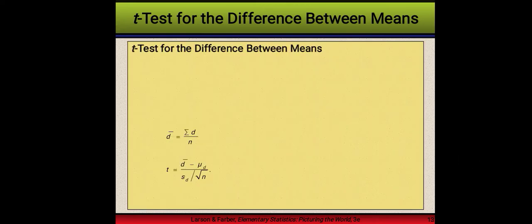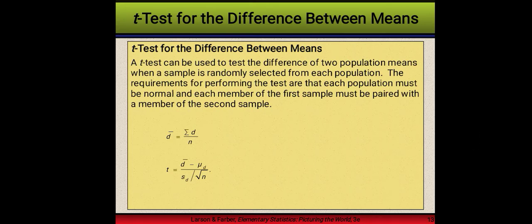T-test for the difference between means. A t-test can be used to test the difference of two population means when a sample is randomly selected from each population. The requirements for performing the test are that each population must be normal and each member of the first sample must be paired with a member of the second sample.